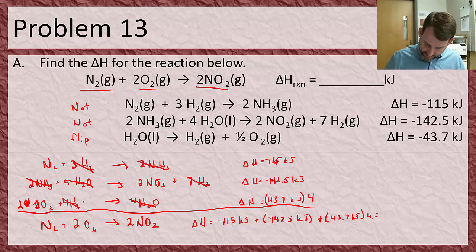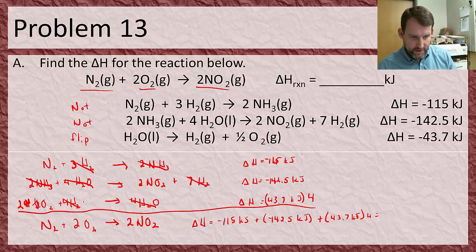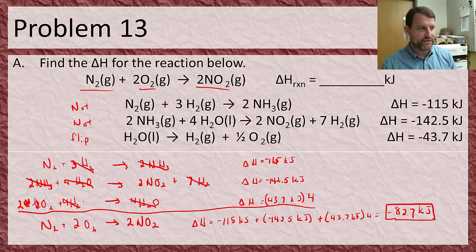And all of that together, so I take negative 115 plus negative 142.5 plus 43.7 times 4 is equal to, and we get, ta-da, negative 82.7 kilojoules for the equation as written here. So for 1 mole of nitrogen, you get this many kilojoules of energy. For 1 mole of oxygen, you get half this much energy because you only use half the nitrogen to do that. And the same thing with NO2, you get half this energy for 1 mole.